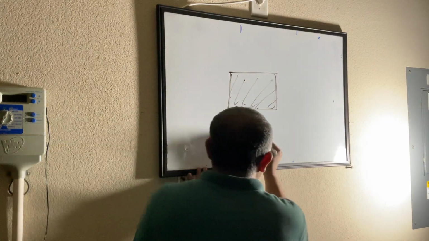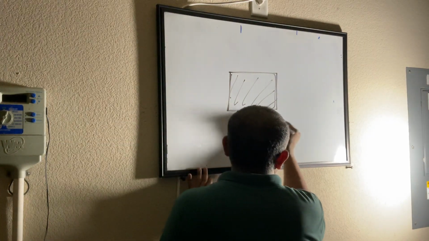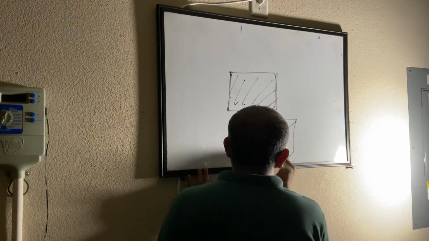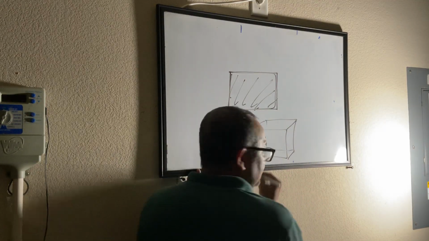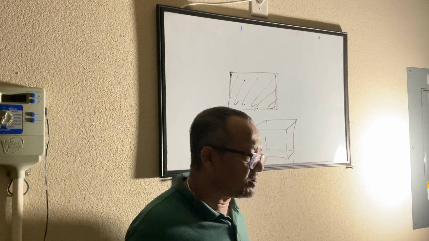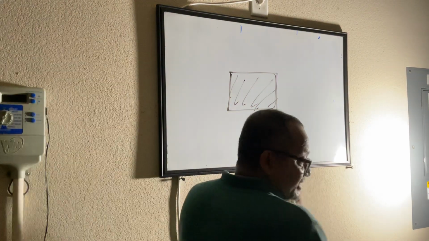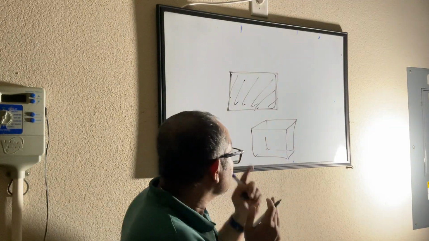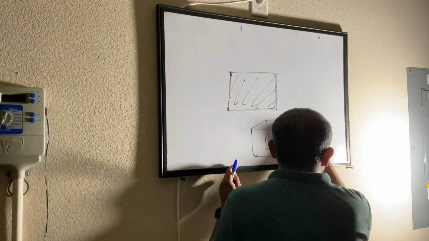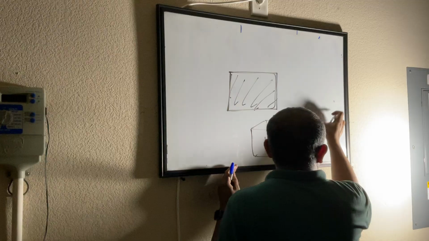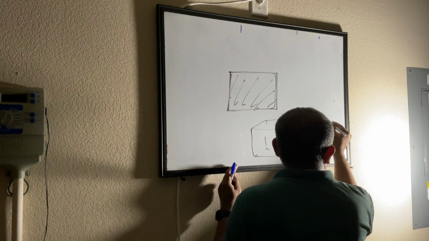But when you look at a three-dimensional object, you don't talk about area, right? Because area doesn't make sense. Which area are we talking about? We are talking about the volume, meaning the total space it takes. So there is one more thing that comes into play, that is called surface area. Surface area.